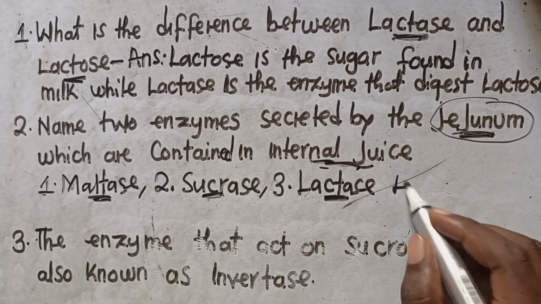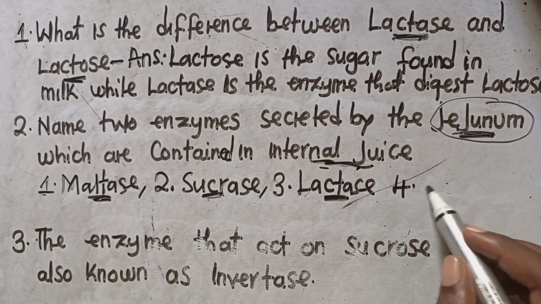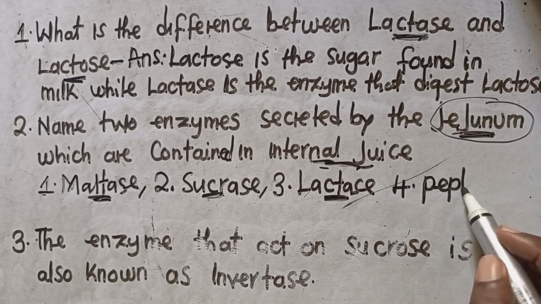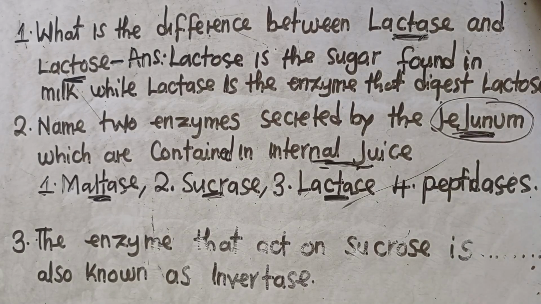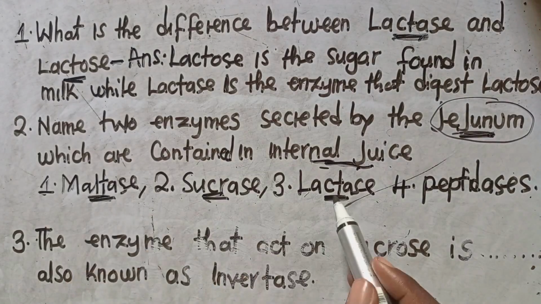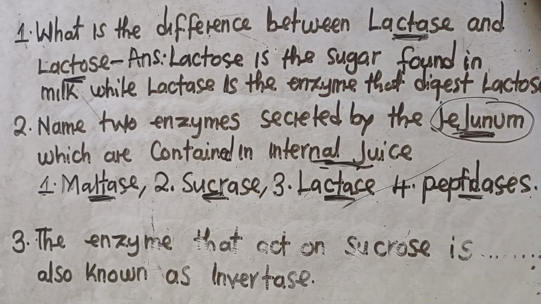Then the fourth one, which we call peptidases. So you can pick this one, this one, or that one. You give two answers. Then we move to the next one.